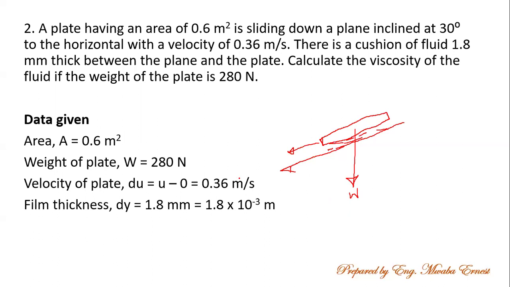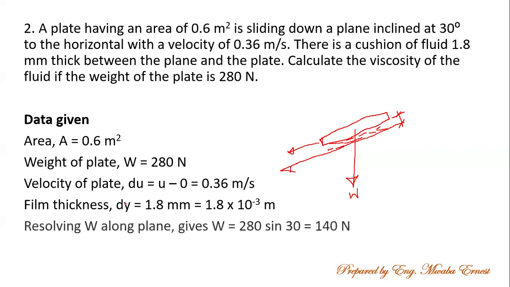The thickness of this lubricant, between the plane and the plate, this one here, is 1.8 millimeters. So you also convert it to meters. Divide this by 1,000. So your answer becomes 1.8 times 10 to the power negative 3.